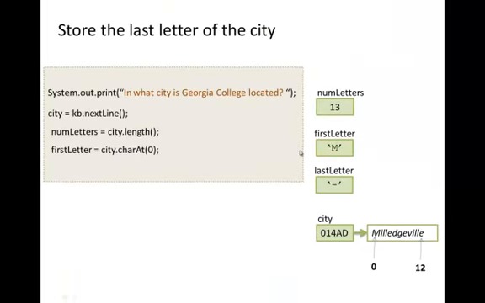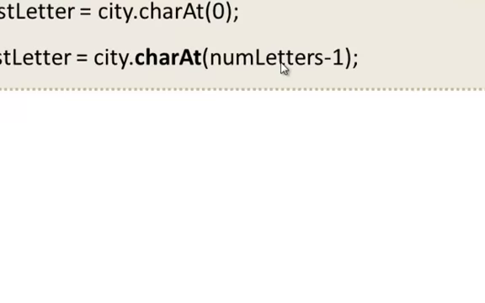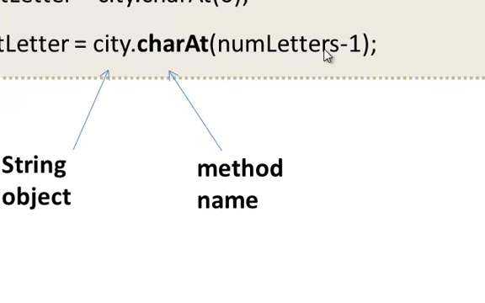Now let's look at the last letter of the city. The answer is lastLetter equals city.charAt(numLetters - 1). We're using the variable that we already know, numLetters, in our equation. Here city is a string object, dot, and then the method name that we're going to use, charAt. numLetters has 13 in it.